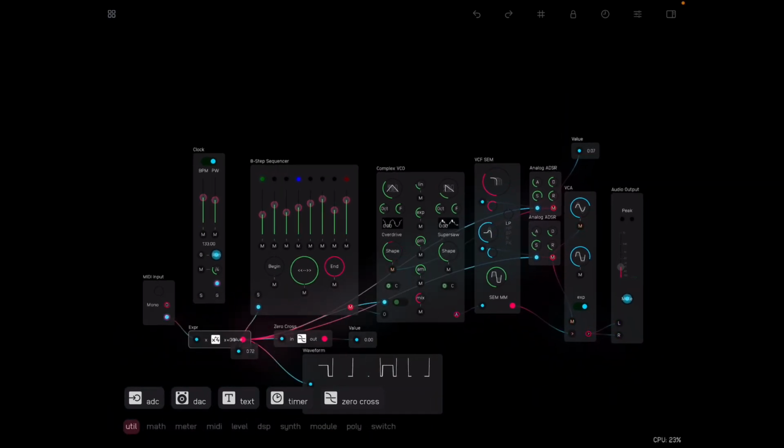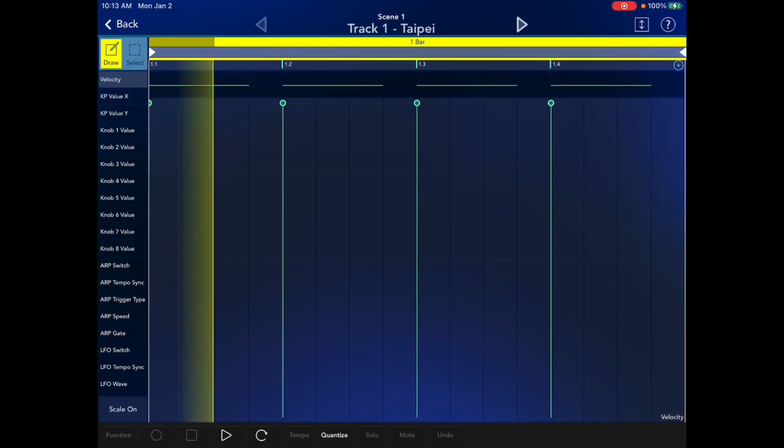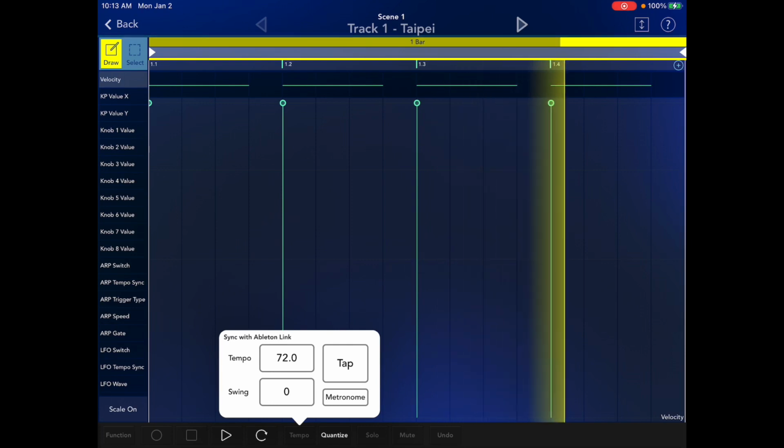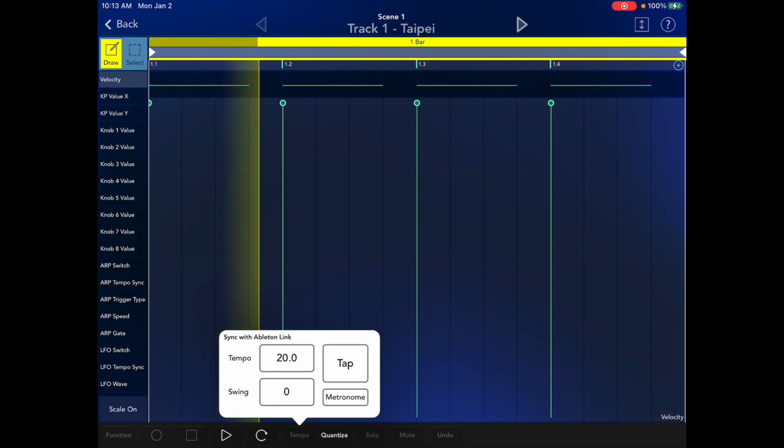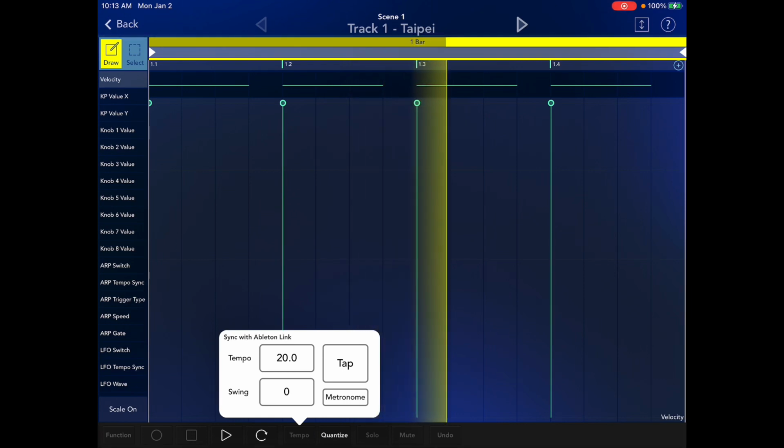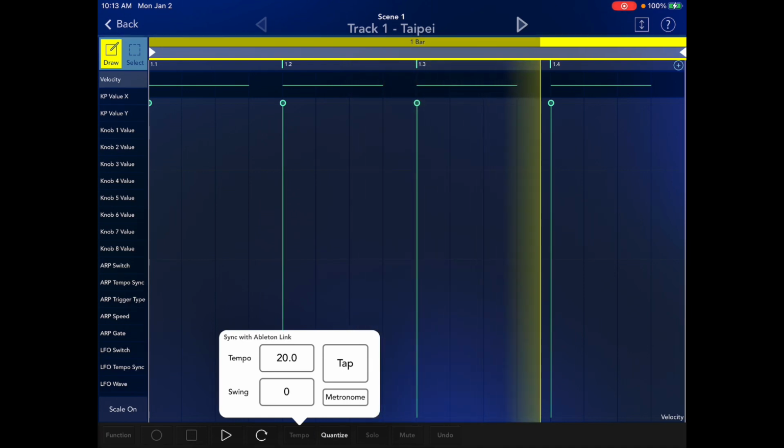I'm going to go back to Korg Gadget and lower the tempo in a second. Yeah. So really lower the tempo, and I'm going to raise the tempo.